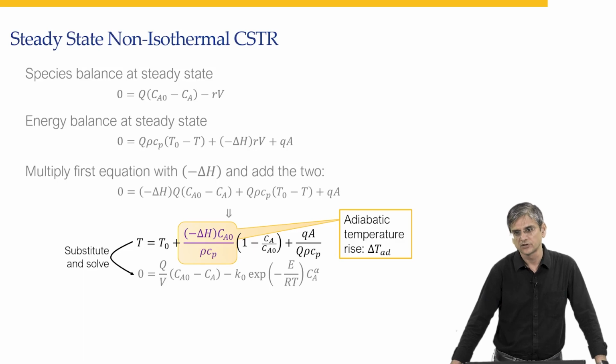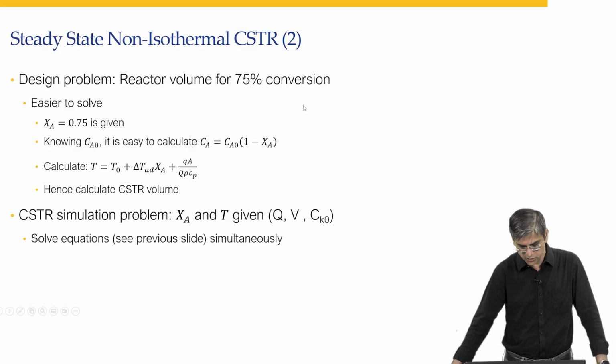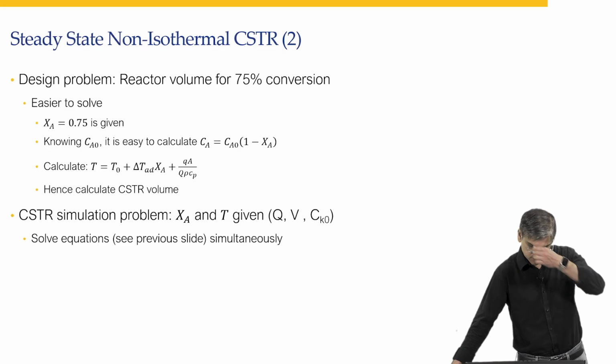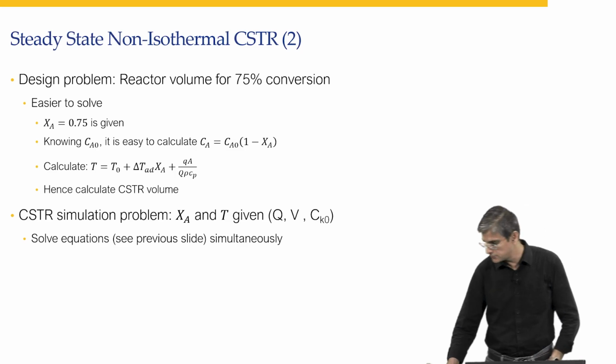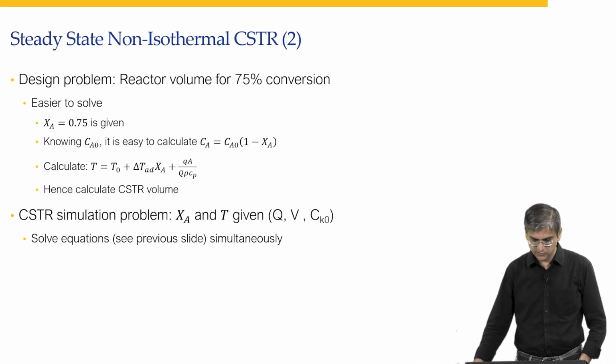Okay. So, this is an example where the question is: given your K naught, your C, your V, your initial inlet concentration, okay, obtain the reactor volume that will give you the desired conversion, okay.